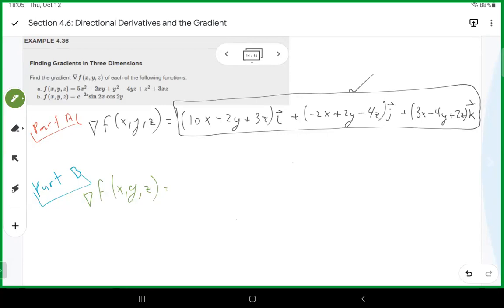Okay. Now, for this one, I am actually going to show you the pieces because I think it'll just be better that way.